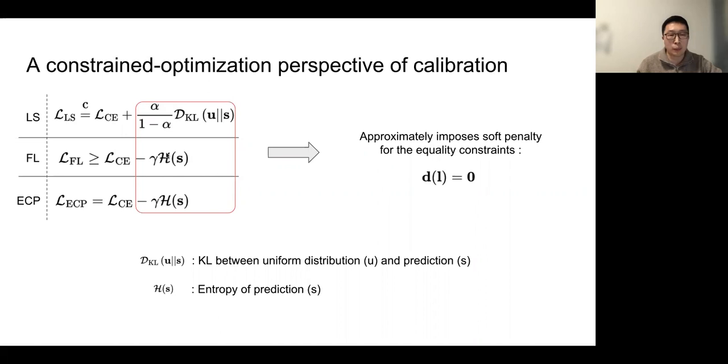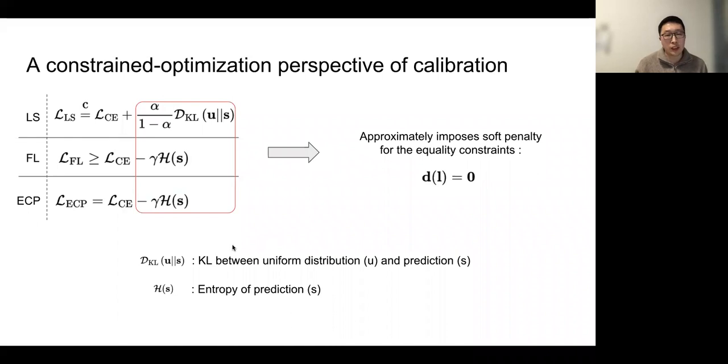We can just get it by rewriting the expressions, and we can find that for label smoothing, it actually adds an additional KL term between the uniform distribution and the softmax predictions. And for the focal loss, it approximately adds an additional term that is the negative entropy of the predictions.